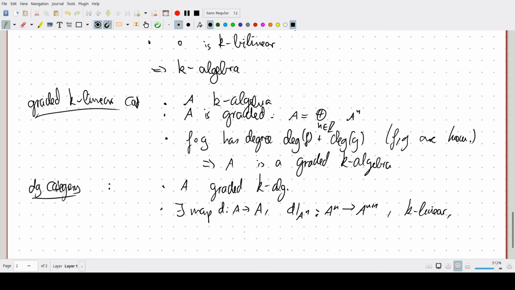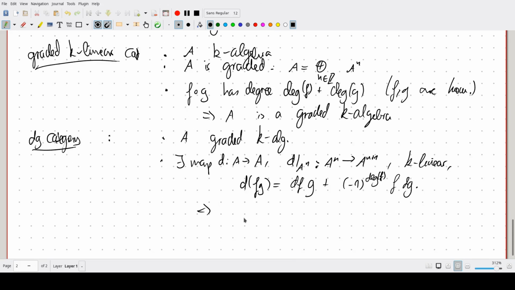And we have the Leibniz rule, meaning that d applied to fg is df g plus minus 1 to the degree of f times f dg. And I guess if everything is concentrated in degree 0, this really is just the product rule. This means that A satisfies the axioms of, applying analogy to the previous names, a dg-algebra.